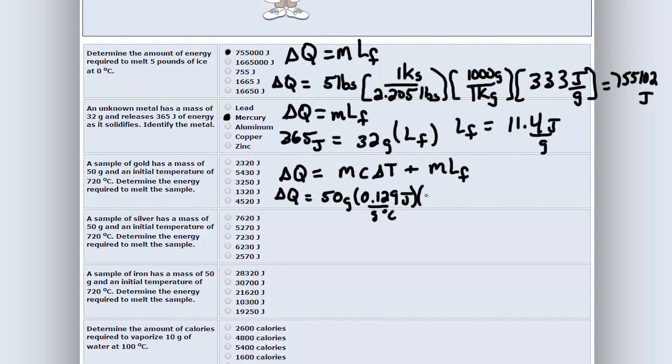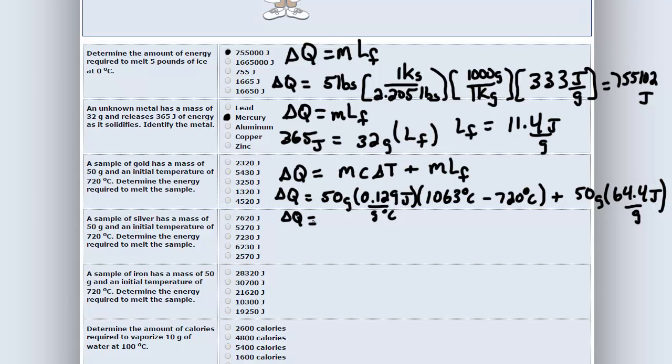And now we have to find the melting point for gold. The melting point for gold is 1063 degrees Celsius, and we have to subtract the initial temperature of 720 degrees Celsius. And then we have to add the amount of energy it takes to go through the melting, which is 50 grams times the latent heat of fusion for gold, which is 64.4 joules per gram. Now we just have to calculate this.